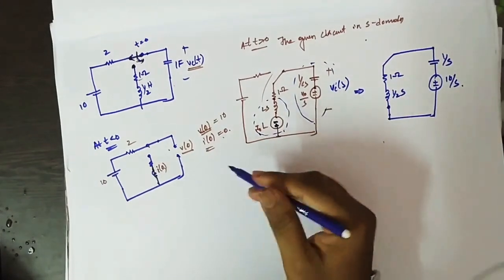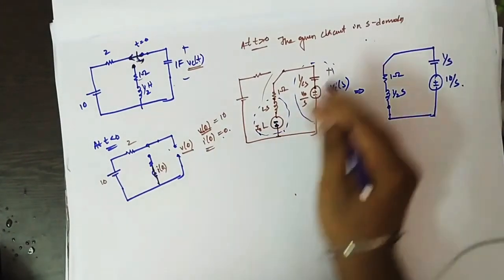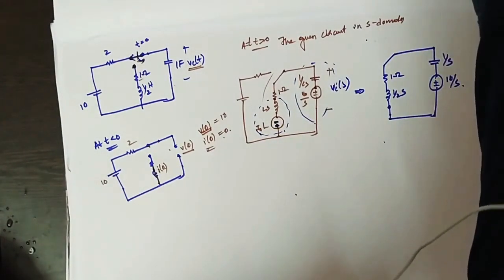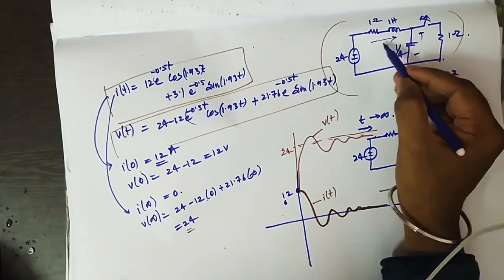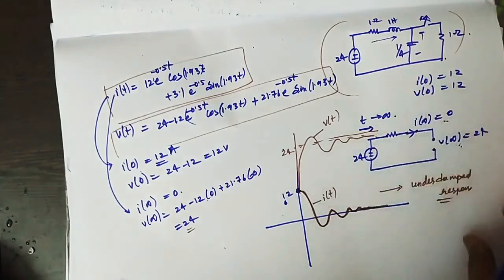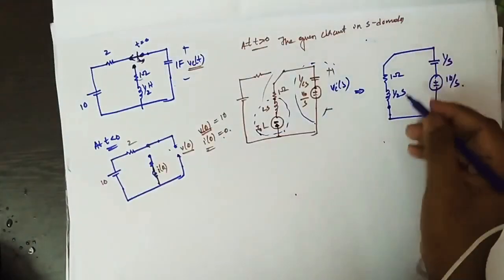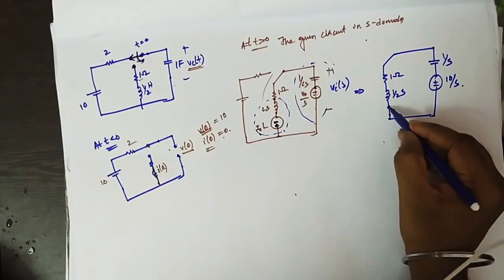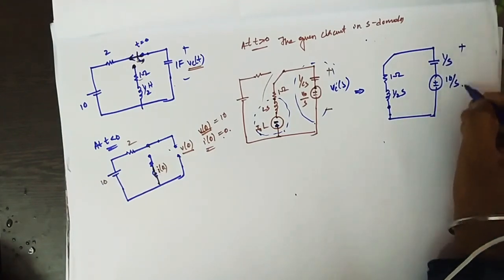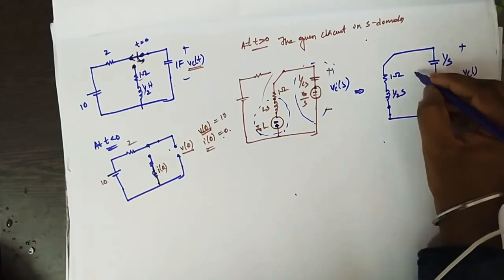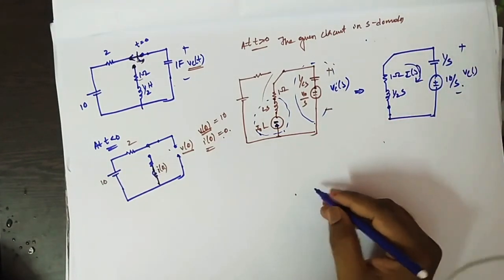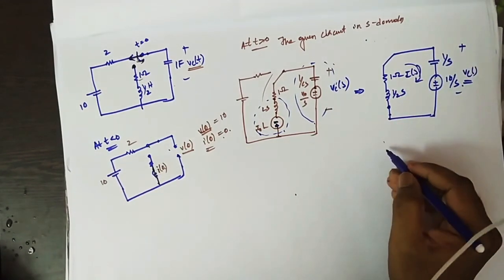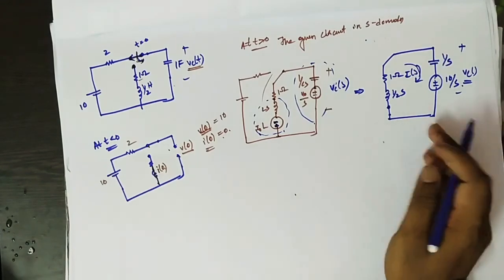If in the earlier circuit you observe carefully, the current flowing like this, to represent that we took the minus terminal and plus terminal accordingly. Now there will be no problem here. So we need Vc of s. So simply you find Ic of s by the loop equation we solved before, and we'll find Vc of s here.